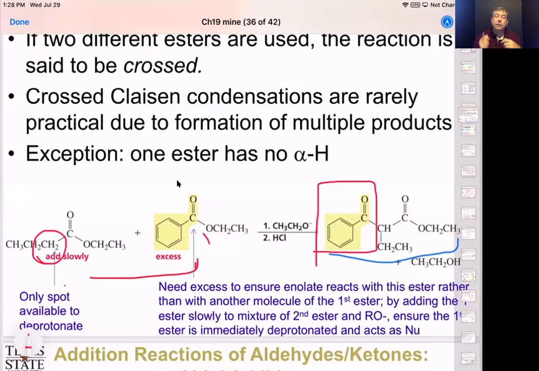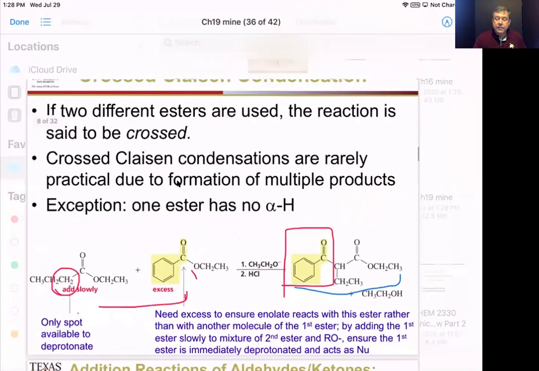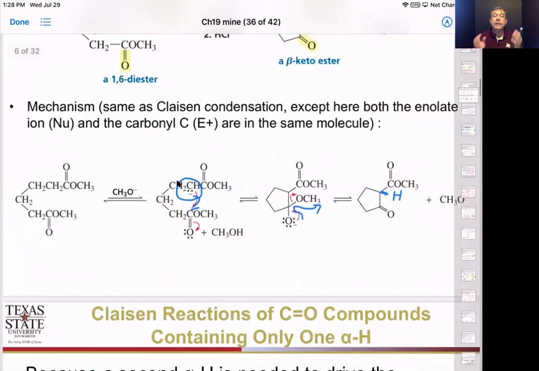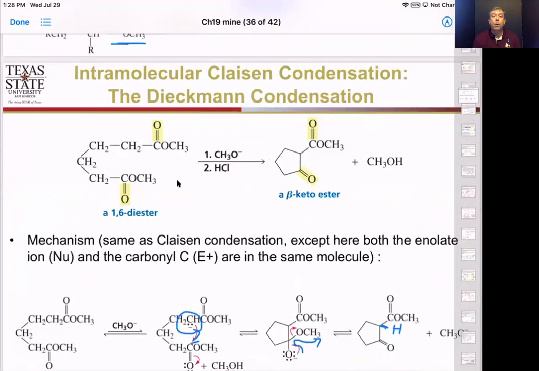Cross Claisen, one has no hydrogens. They still make a beta keto ester. Okay. And then if you have two esters on the same compound, you can make a ring out of them. And that's just an intramolecular Claisen, also called the Dieckmann, okay?